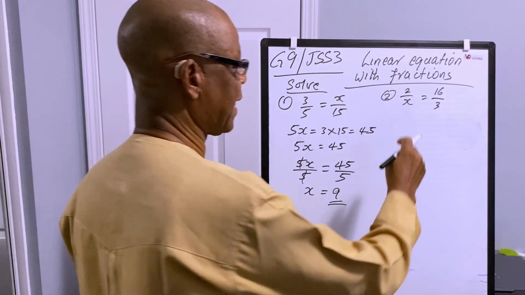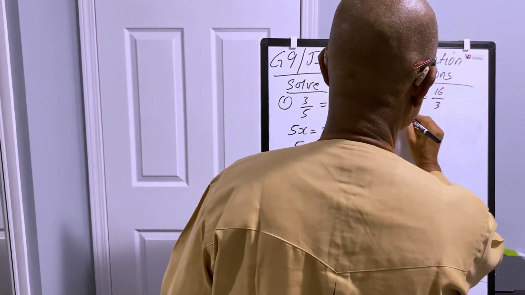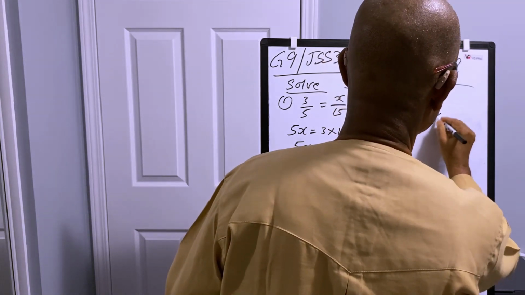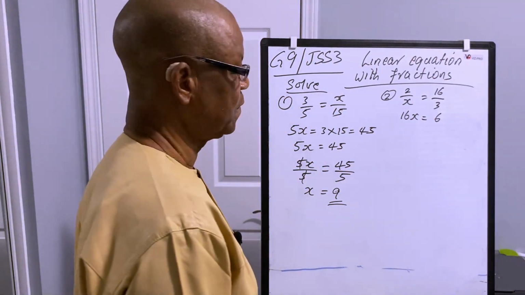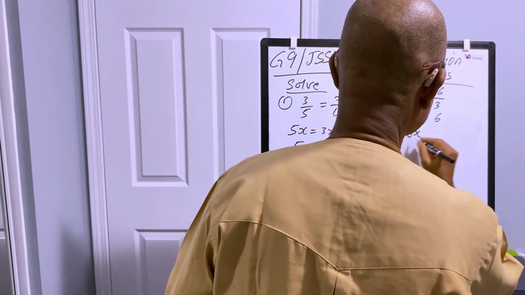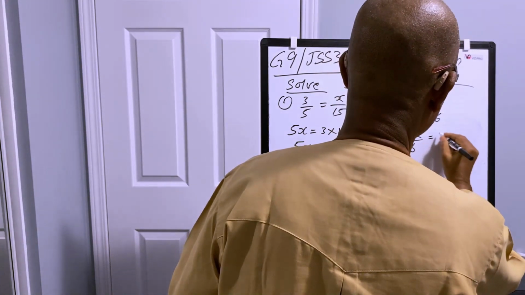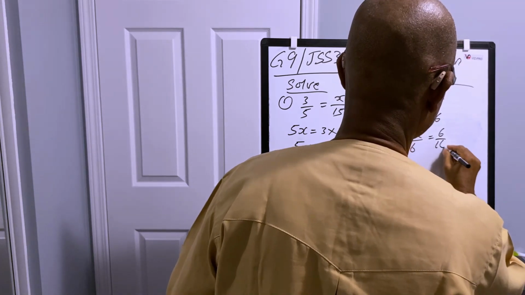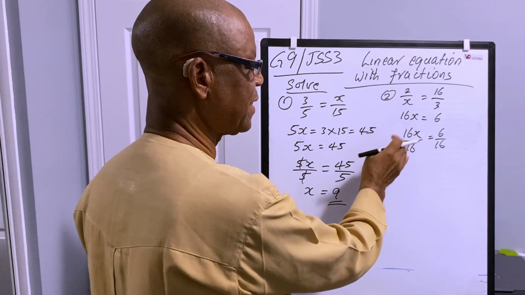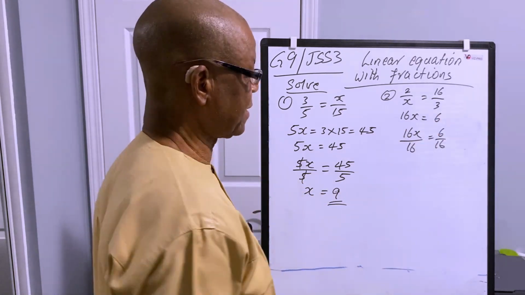We cross multiply. x times 16 is 16x. 2 times 3 is 6. So we single out the x by saying 16x divided by 16 is equal to 6 divided by 16. Remember the same value you divided the left hand side by, you must use it to divide the right hand side.